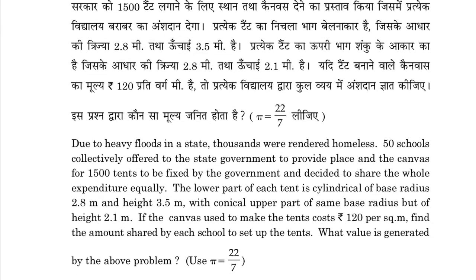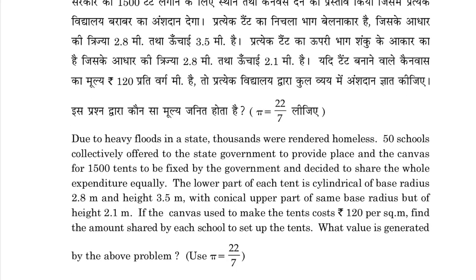So this is question number 21. In this question we have 50 schools who collectively offer to share the cost of 1500 tents equally.